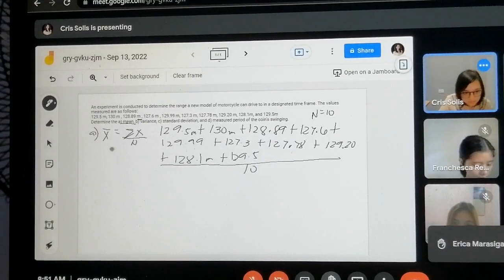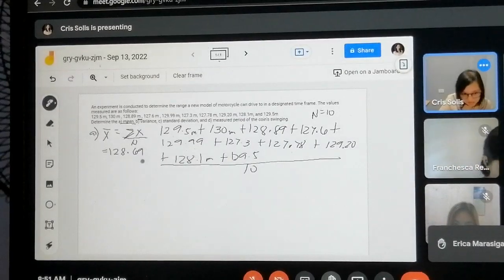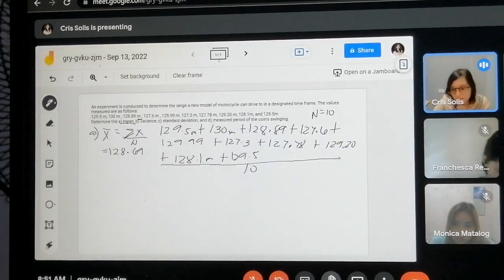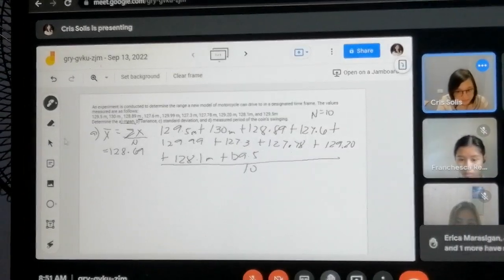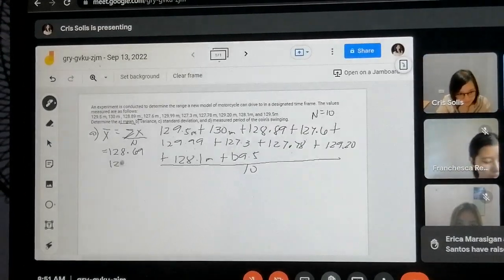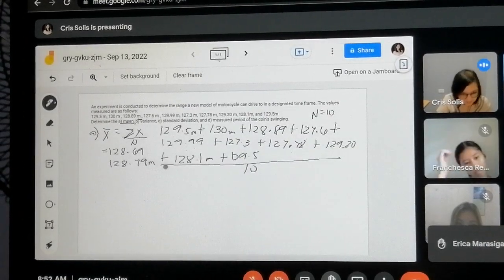Rounded off na po ba to two decimal places? Po. 128.69. Sige. Anybody with another answer? Sige, Erica. 128.79 meters. Sige.